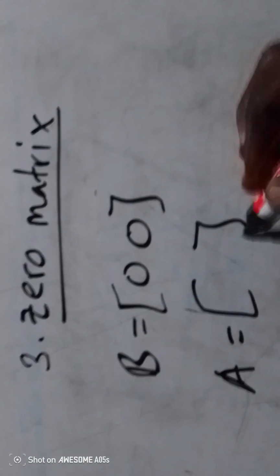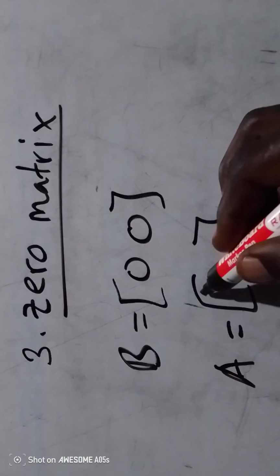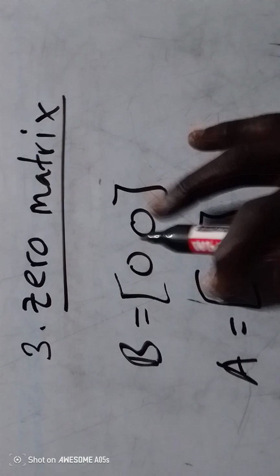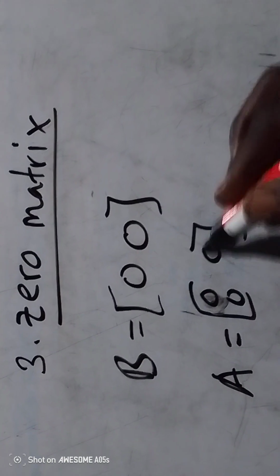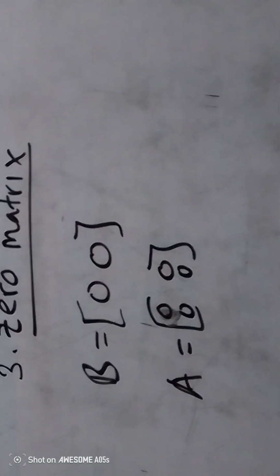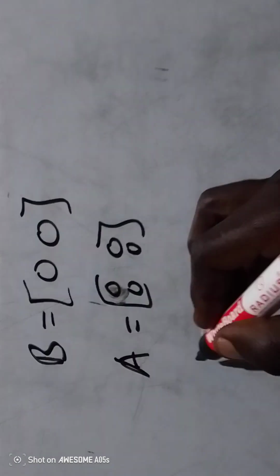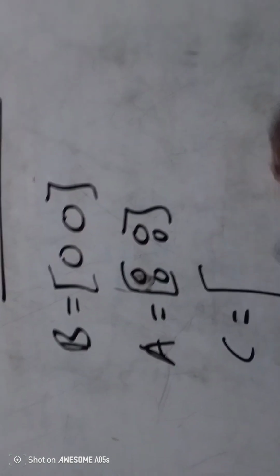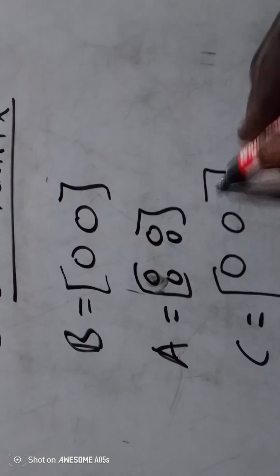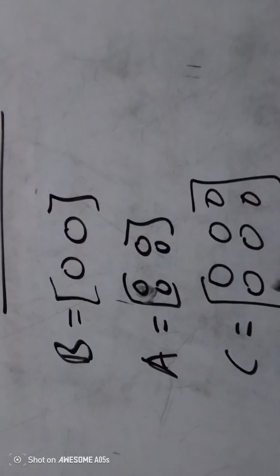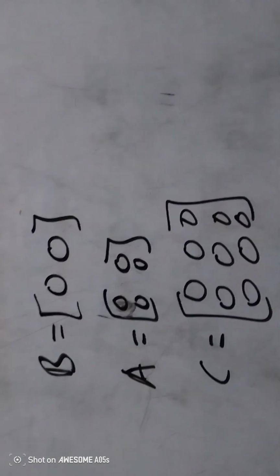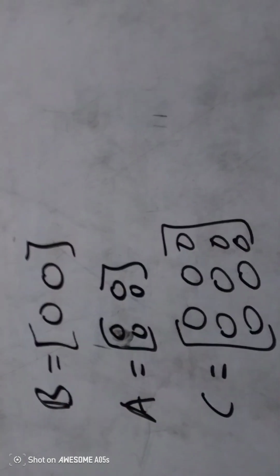Any matrix which is going to have zeros inside. You can have matrix C, which is 0, 0, 0, 0, 0, 0, 0, 0. So all these are going to be called the zero matrix.